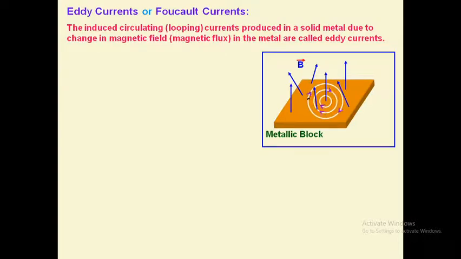That is why this is known as eddy currents. And since these currents were discovered by the scientist Foucault, sometimes we also call them Foucault currents. So it's not a new thing. It is also induced current, but the only difference is instead of having a coil of wire, now we have a full metallic surface.